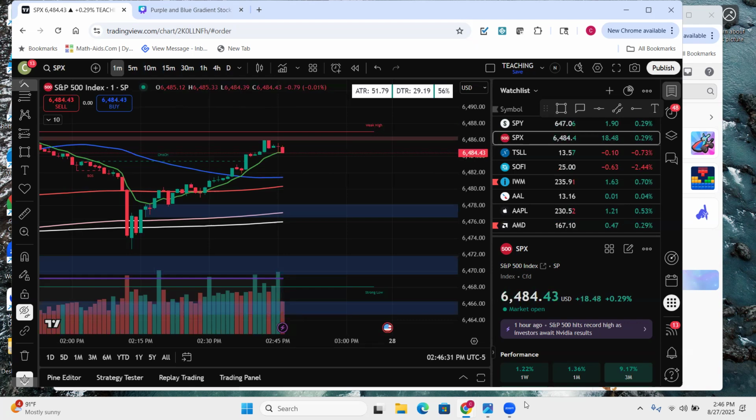I was seeing somebody do, I think it was a SPXW. That's the one in Robinhood. Oh, you can only do that on Robinhood? Well, no, it's the same. It's just how it's labeled in Robinhood. You will see SPX if you're in Webull, and then if you go to Robinhood, it's gonna say SPXW.